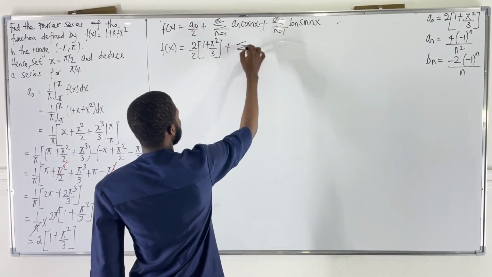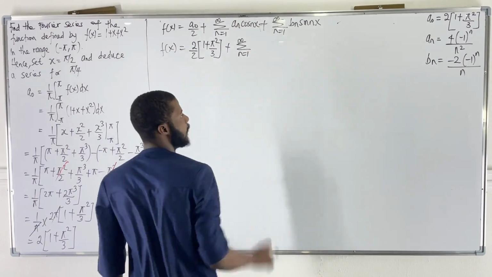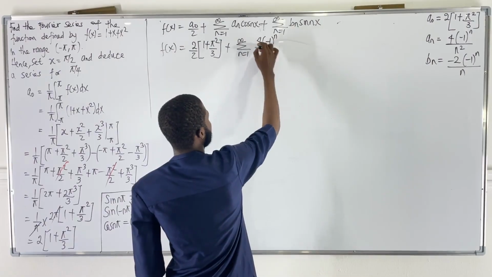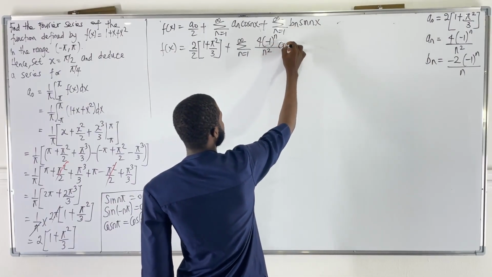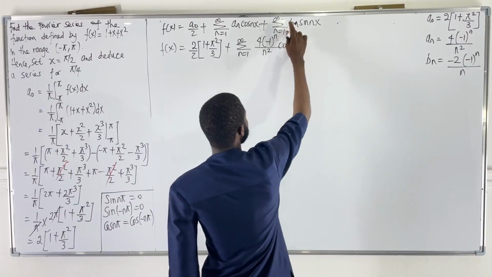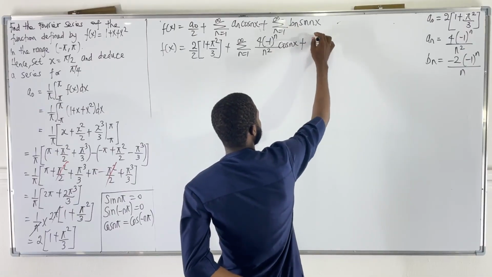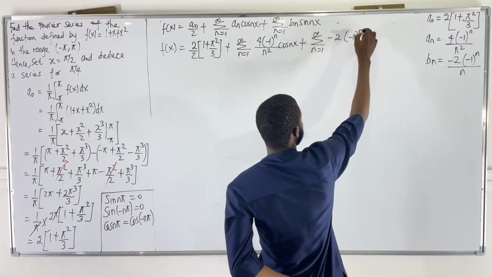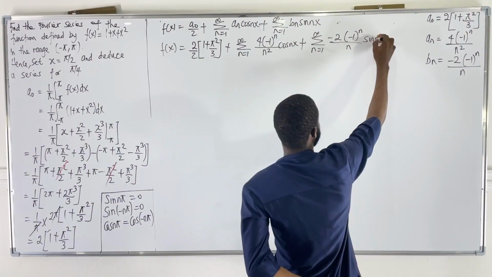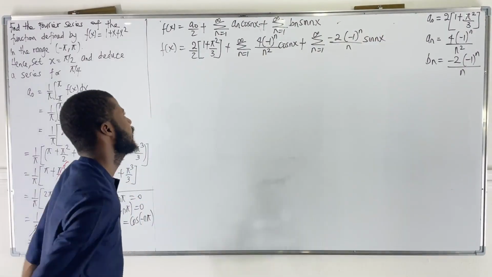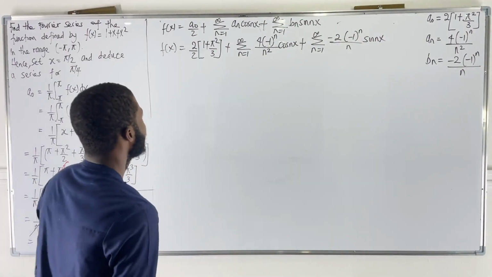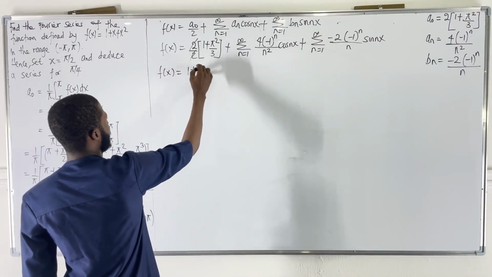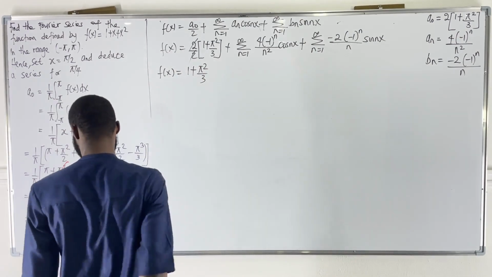And then plus the sum from n equal to 1 to infinity, a sub n is 4 into minus 1 to the power of n over n squared cos nx, plus the sum from n equal to 1 to infinity, and for b sub n, minus 2 into minus 1 to the power of n over n sine nx. So 2 will take care of 2. So f of x is equal to 1 plus pi squared over 3.